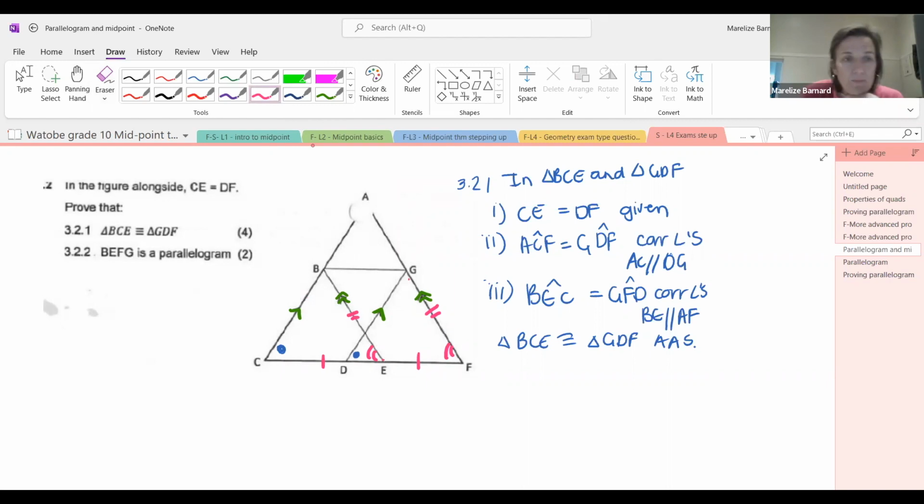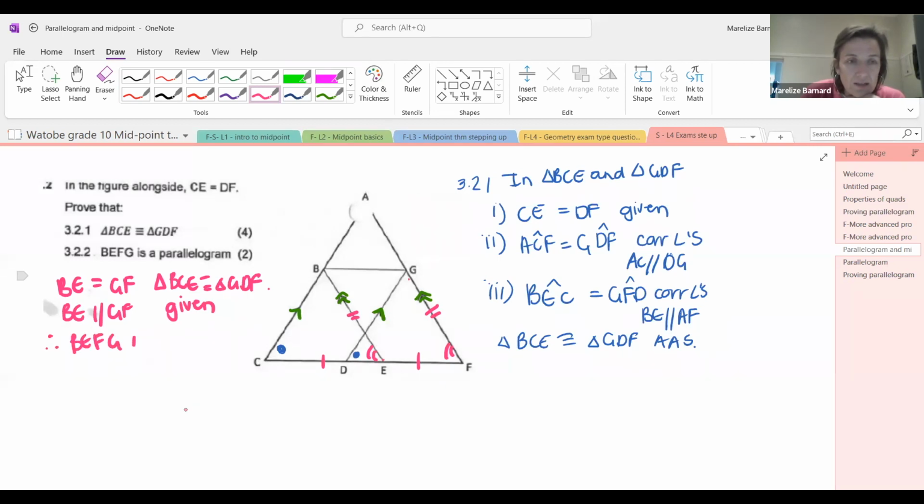So we can say BE is equal to GF because of the triangles being congruent. Triangle BCE congruent to triangle GDF. And BE is parallel to GF, that's given. And therefore BEFG is a parallelogram. One pair of opposite sides parallel and equal.